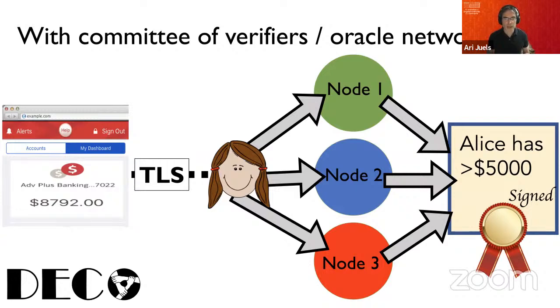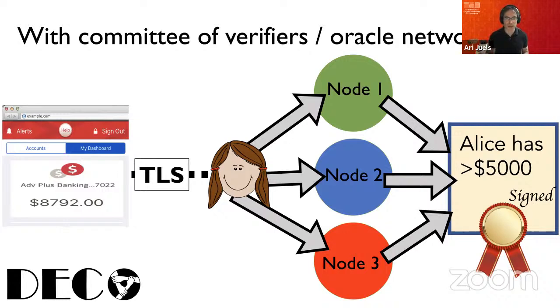This concept is even more powerful when you consider its use with a committee of verifiers, like an Oracle network in the blockchain setting. Now what Alice can do is log into her bank account and prove things individually to all of the nodes or some subset of the nodes in the network.